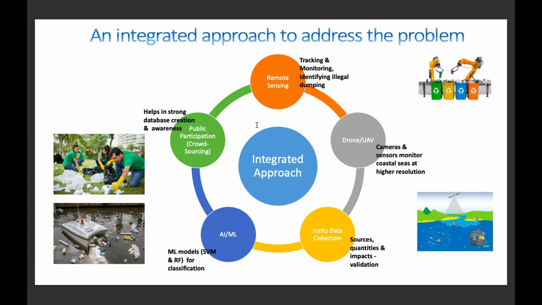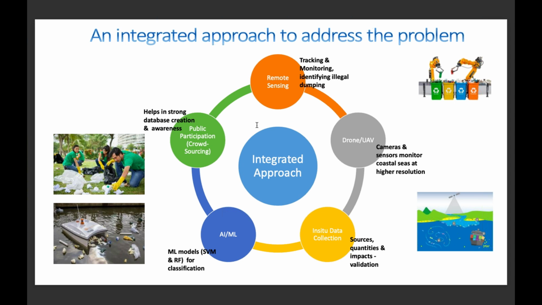And then comes public participation through crowdsourcing, because through crowdsourcing data sets and citizen science initiatives, we can have a very strong database creation, and that is extremely useful for making full use of remote sensing observations.